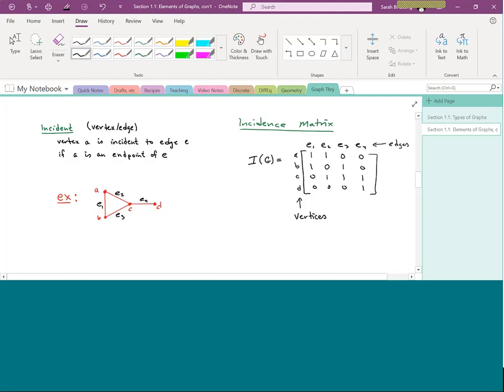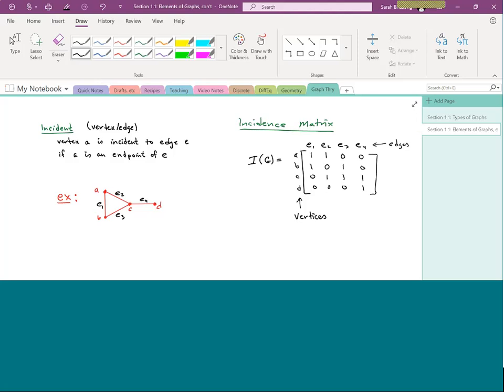Each edge always has 2 endpoints. Okay, let's face it, that's actually true all the time. Yeah, you just said it. So for example, that first column, E1, we put a 1 for both B and A, so the first 2 rows.